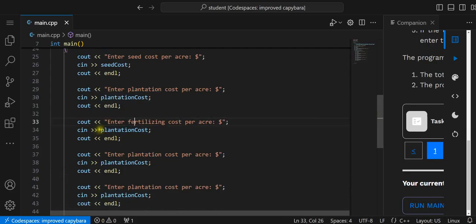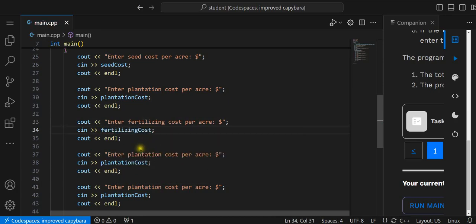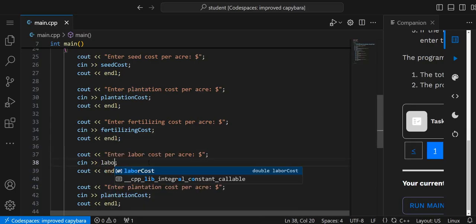Fertilizing costs. Now let's enter labor costs. Change that to labor cost.